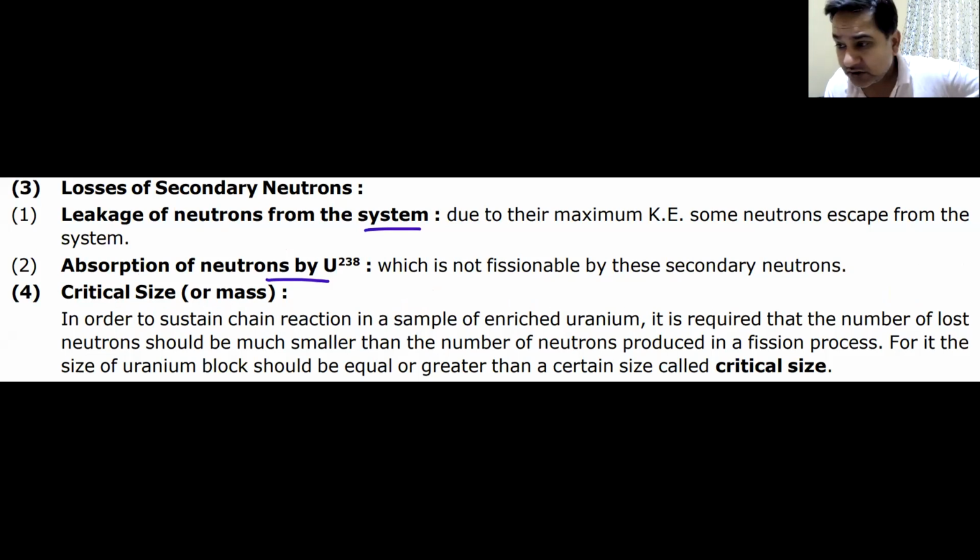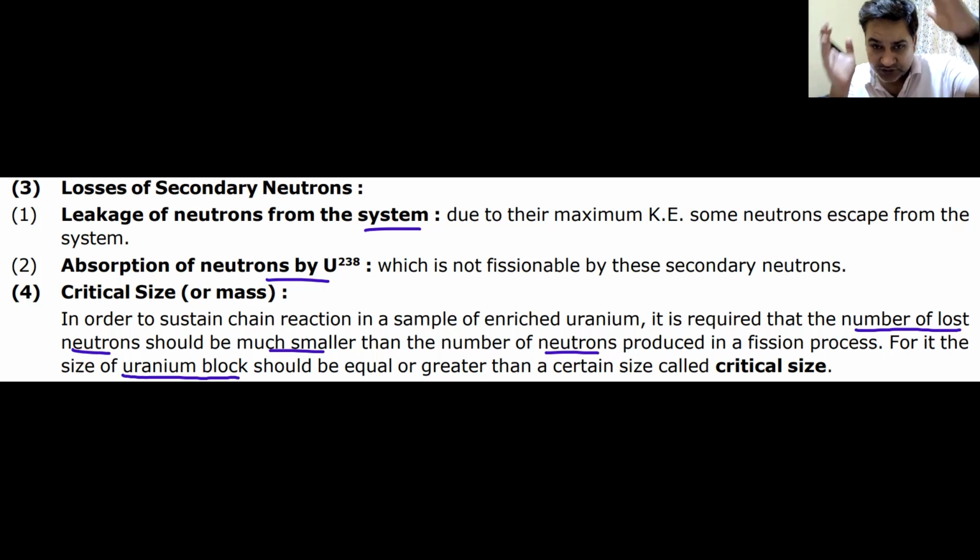Since some neutrons are lost, the number of lost neutrons should be much smaller than the number of neutrons produced. Therefore, the size of this block of uranium where the nuclear fission is happening should be equal to or greater than a certain minimum size.